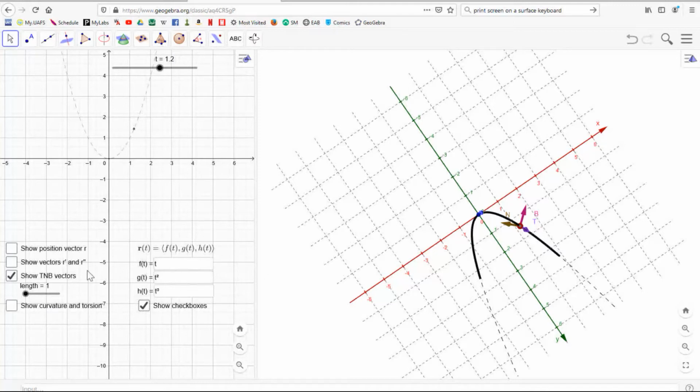Okay, and so you can kind of see those things as we move this around. You can kind of see what happens to them.